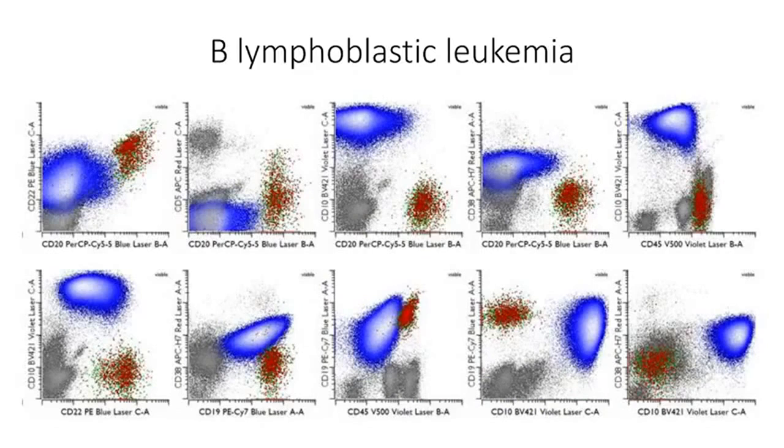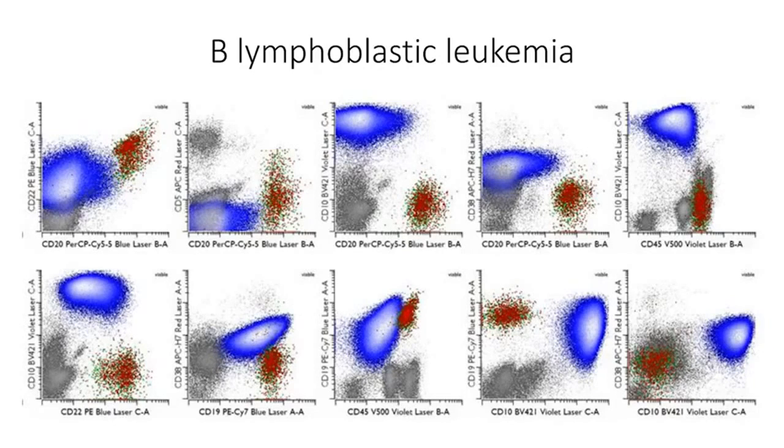Okay, here's the tube on a case of B lymphoblastic leukemia. Again, the mature B cells highlighted in green and red, brightly positive for CD20 and CD22. In contrast, the blasts are predominantly negative for CD20 with some weak expression in a minor subset. CD22 is also weaker.